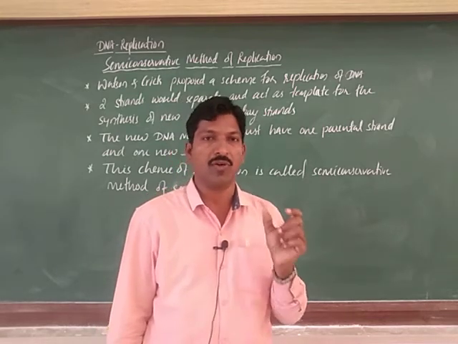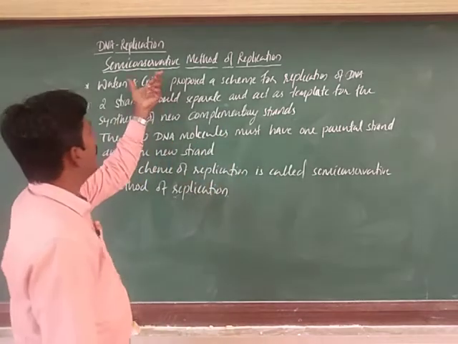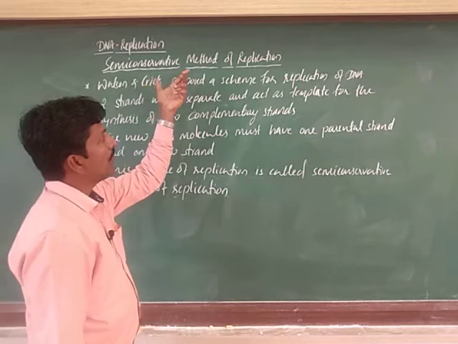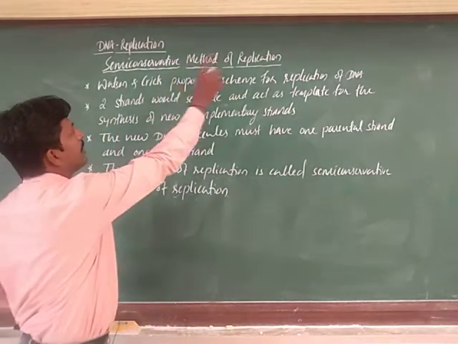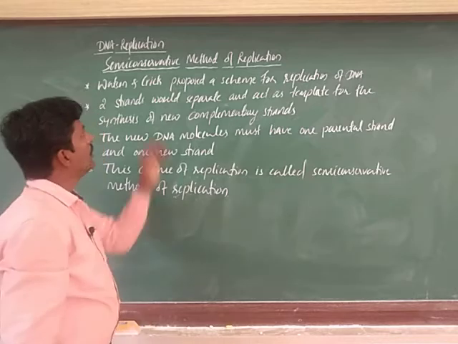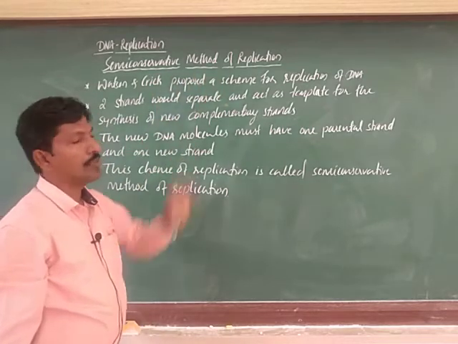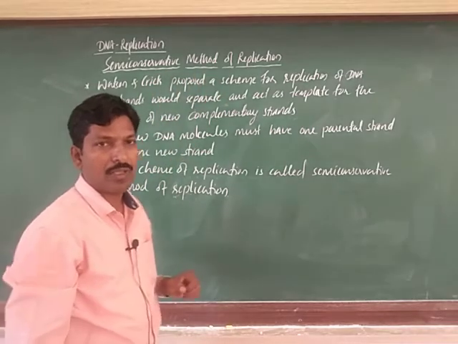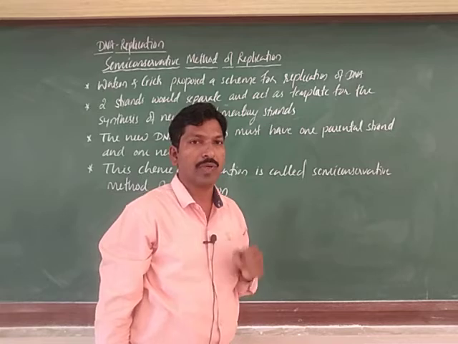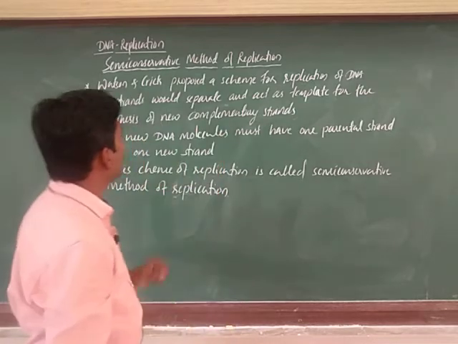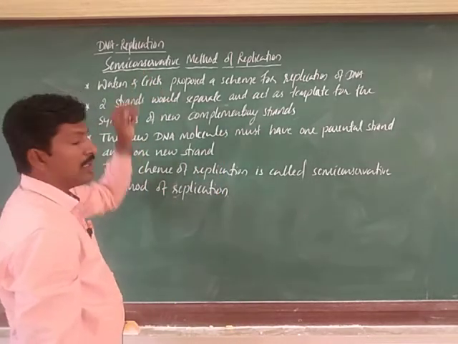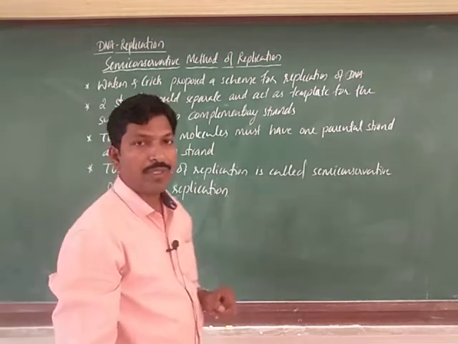This is the meaning of semi-conservative DNA replication. It is a type, or a method, of replication where the parent DNA molecule, as you know, is a double helix.